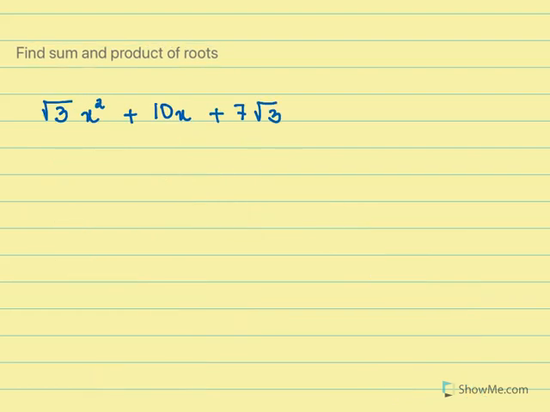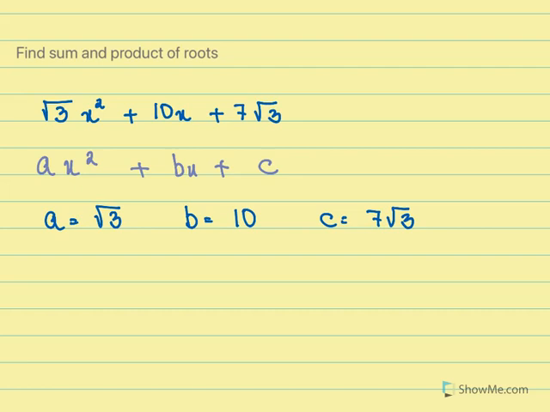Here again we need to find the sum and product of roots. So when we compare it with the standard equation ax square plus bx plus c, we'll have a equal to under root 3, b equal to 10, c is 7 root 3.